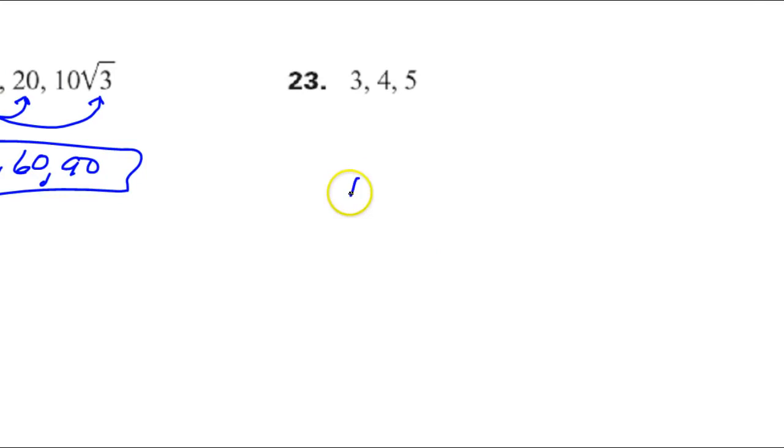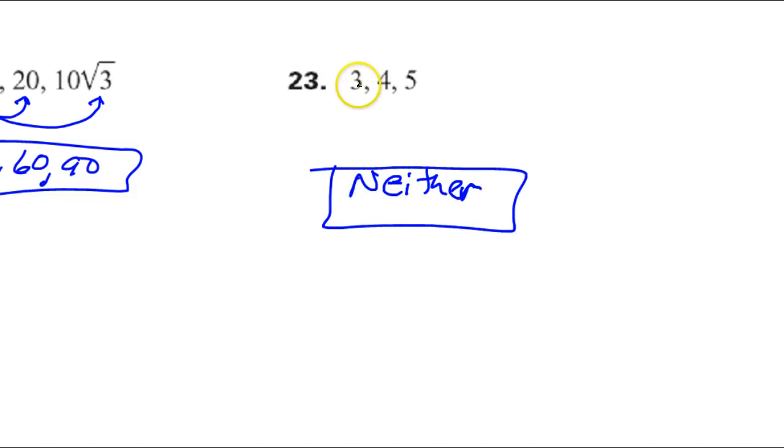Okay, 3, 4, 5, that's neither. It's not even close. It's not isosceles, so it's not 45-45-90. If it was trying to be 30-60-90, this would be the short leg. Double it, and you should have the hypotenuse. But there's no 6, so it breaks down immediately.